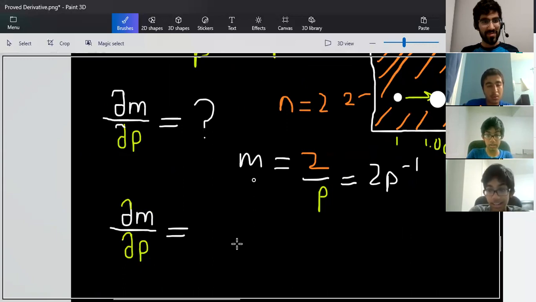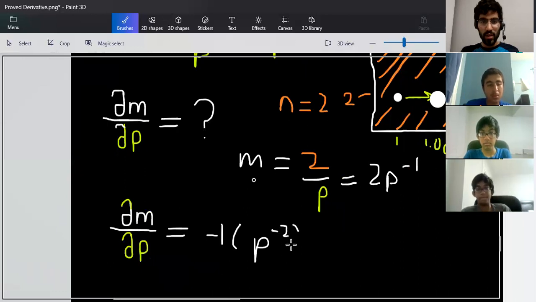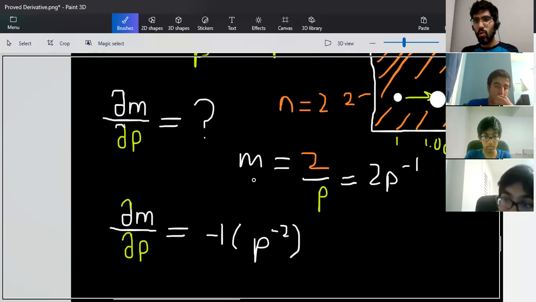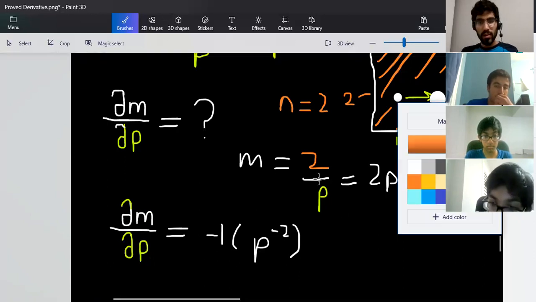It's 2 times negative 1 times p to the power of negative 2. You got it. You bring the coefficient down, then you take whatever expression you had, put it in brackets, and reduce the exponent by 1, so from negative 1 to negative 2.